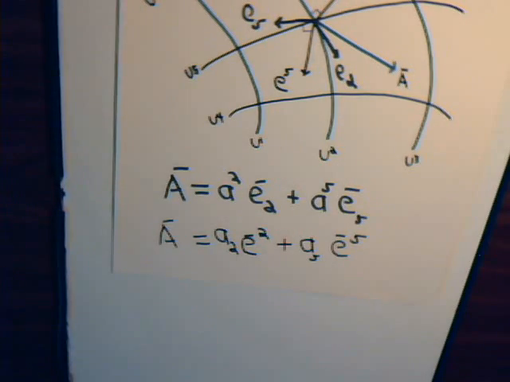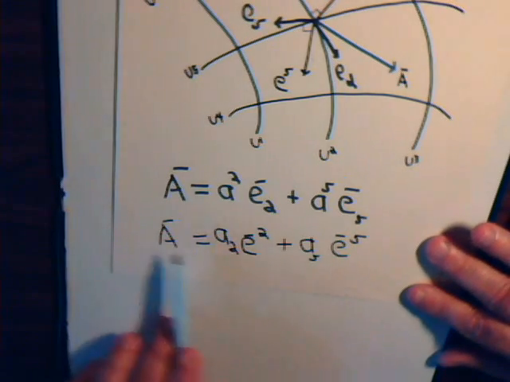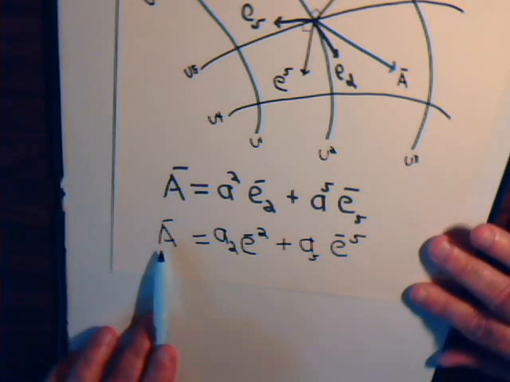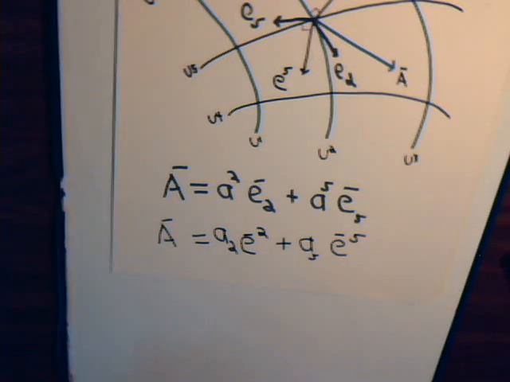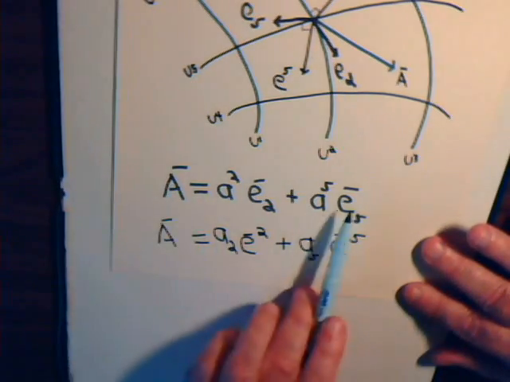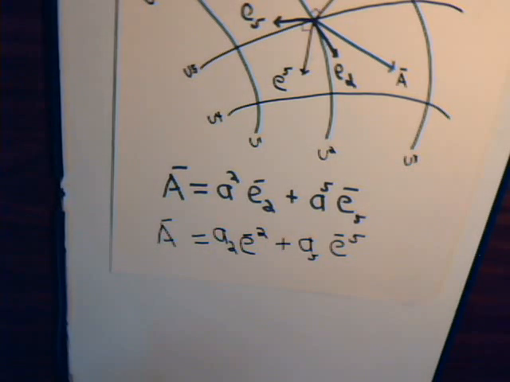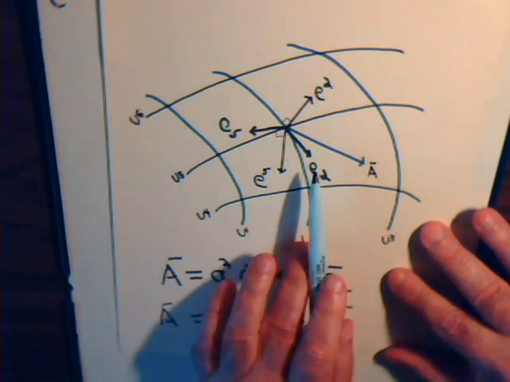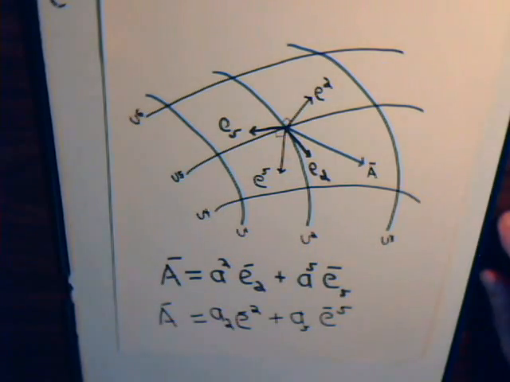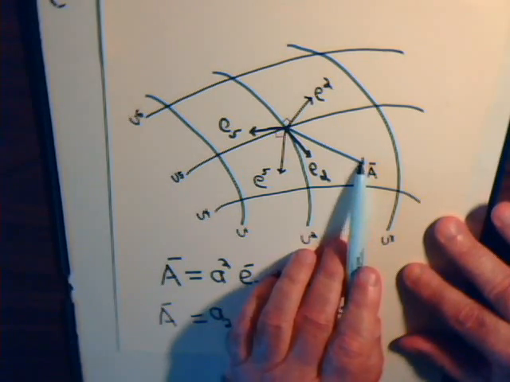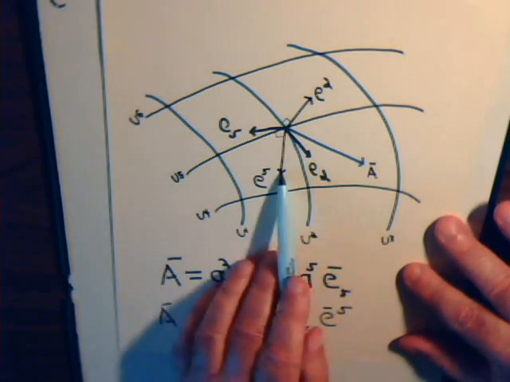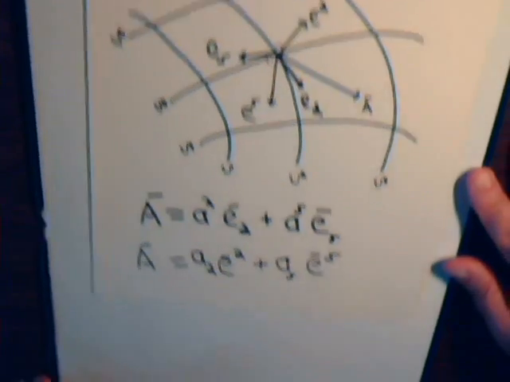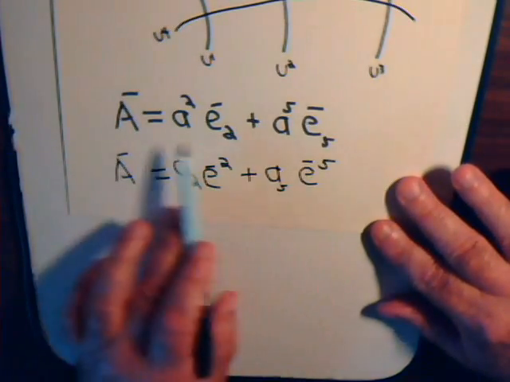And as we'll show in the next video, this is the fundamental definition for covariant components of a vector. This, of course, as we discussed in the previous videos, is the fundamental definition for the contravariant components of a vector. In the contravariant case, we're taking the components of it along the coordinate axis with their tangential vectors. In the covariant case, we're taking the components of it along these new orthogonal vectors that we created and writing it like this. Either way is a valid expression.